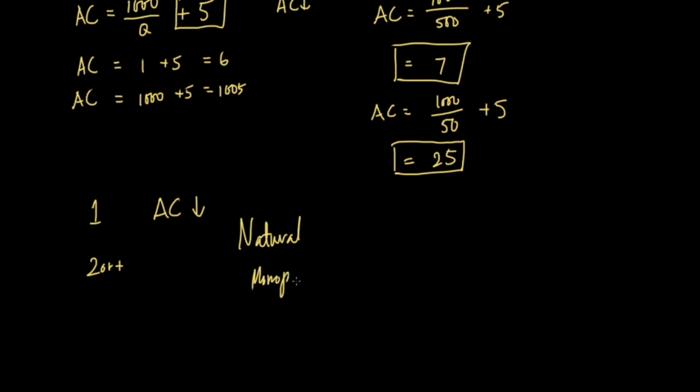We see that a large number of examples of natural monopolies are firms that have high fixed costs. Examples of these are electricity, water, telecoms, mostly utilities, because they have to incur a large fixed cost in order to serve or produce something.